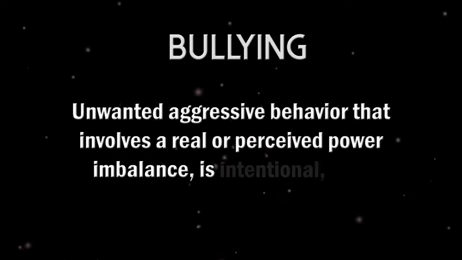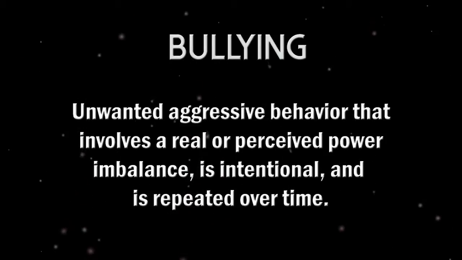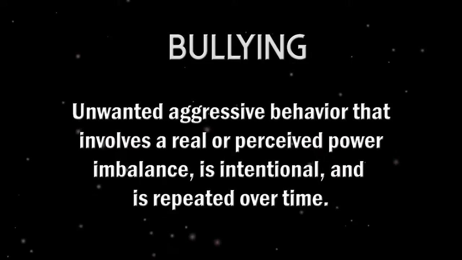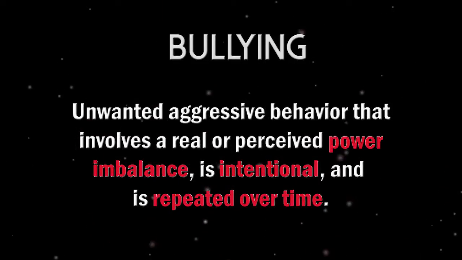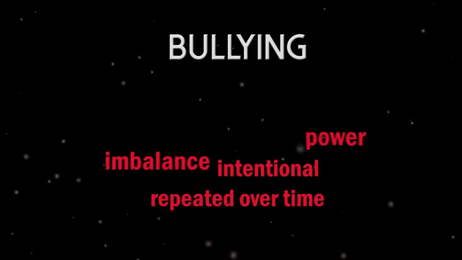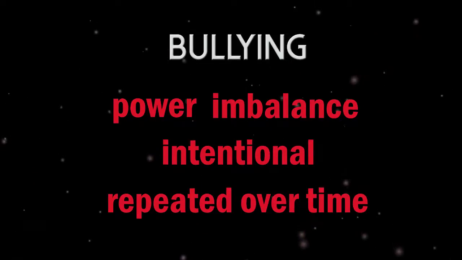Bullying is generally defined as unwanted, aggressive behavior that involves a real or perceived power imbalance, is intentional, and is repeated over time. It is important to note that the three main factors here are a power imbalance, intentional, and repetition. The power imbalance may be real, or it may be the way that the aggressor or target see the situation in the moment.